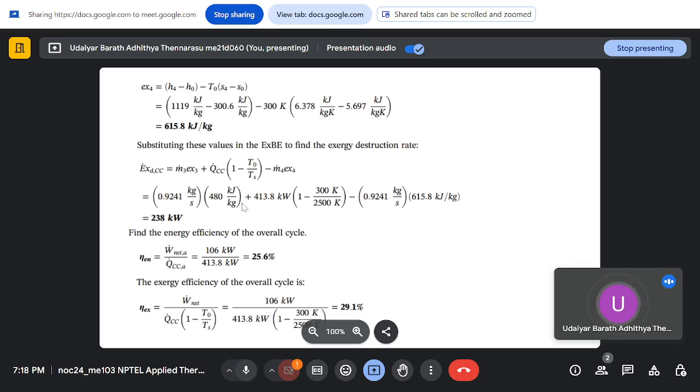Next is to find out the exergy efficiency. So exergy efficiency is nothing but net work divided by the ideal work which you have to give. So it will be Q of a Carnot cycle, so Q added into 1 minus T naught by Ts. So this comes out to be 29.1%. So this basically says that if Carnot efficiency is 100%, this is 29.1%.